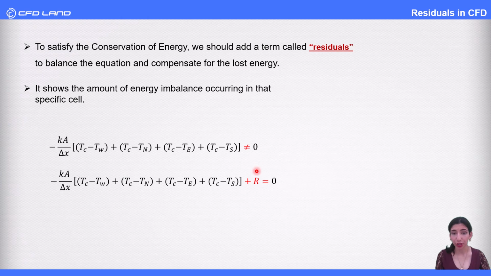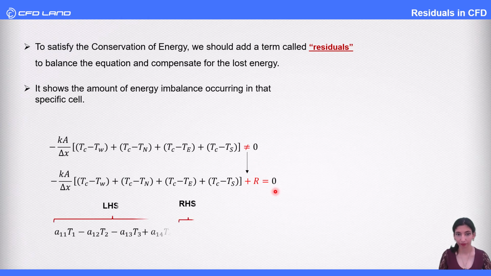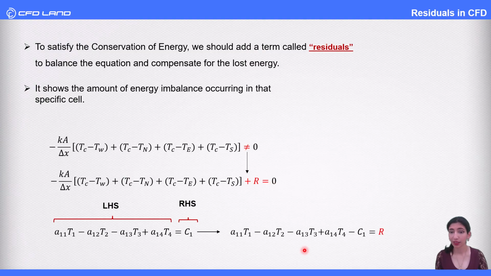We added a new term and we made it 0. Do you remember the definition of residuals at the beginning of the video? I said the difference between right-hand side of the equation and left-hand side of the equation, right? That's it. Our residuals are our energy imbalances.